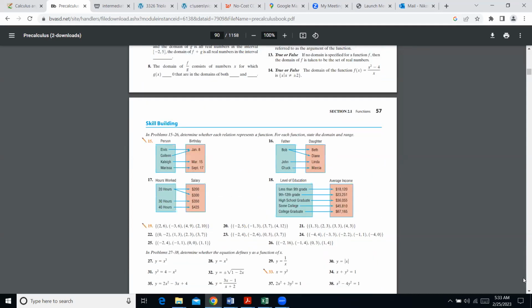When you are working with a function, you need to realize that a function does not connect 1 point to 2 points at the same time. Like in exercise number 16, when you connect Bob to 2 different ladies, it's not a function. I say, but could this be possible?